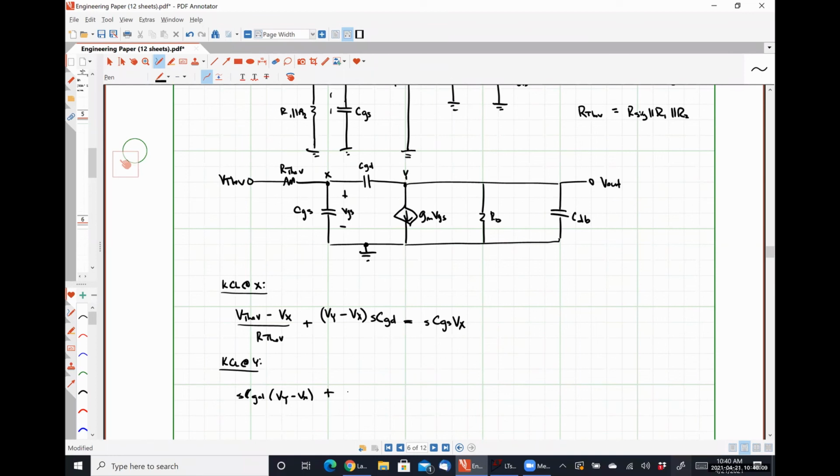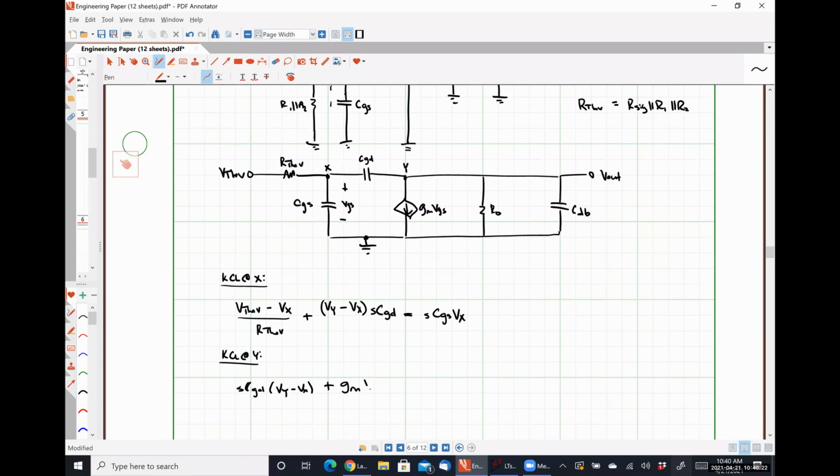I'm going to have GM VGS, which in this case VGS is just Vx as a nodal voltage, plus Vy over Rd, plus S CdB times Vy is equal to 0.